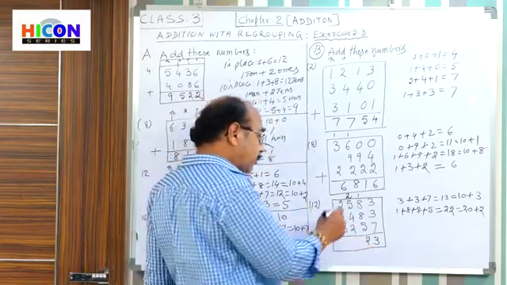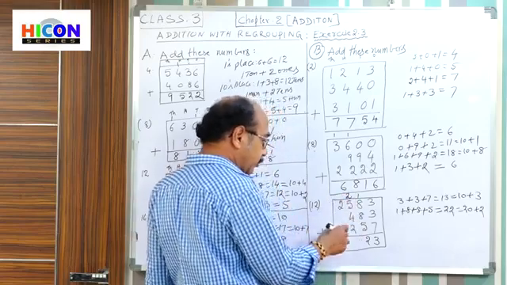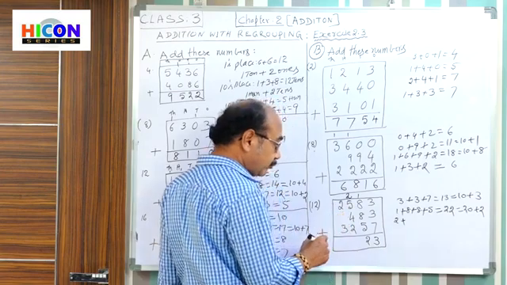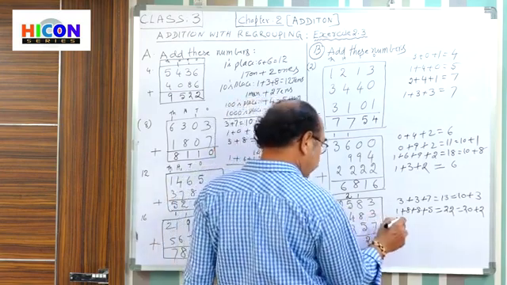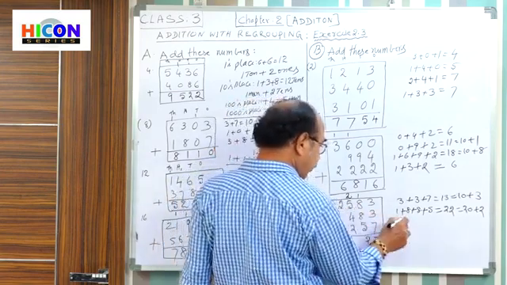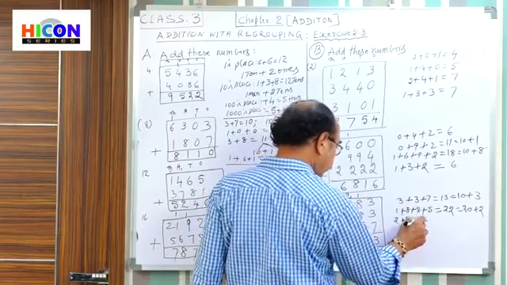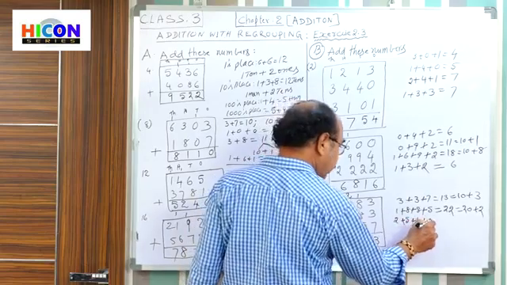Now you see, add the digits in the hundreds place. So 2 is the carried 100. Here 500s are there. Here 400s are there. Here 200s are there.